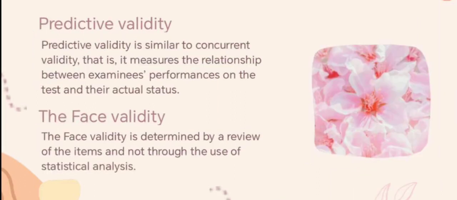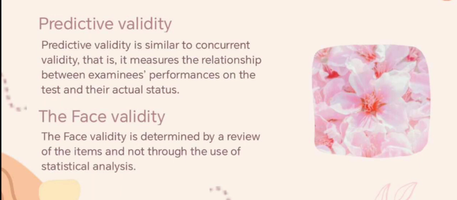Third is predictive validity. Predictive validity is similar to concurrent validity in that it measures the relationship between examinees' performance on the test and their actual status. Predictive validity is about seeing if a test can predict how someone will do in the future based on their performance on the test.